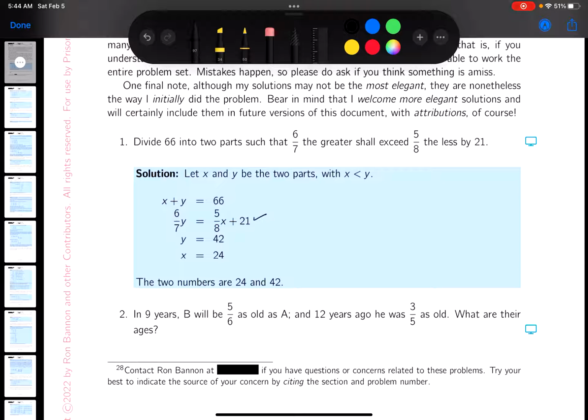So what are you going to get? Well, you can get 48y equals, let's see, 35x plus, well, I've got to do the arithmetic, and I'll do it on the side for you. So it's 21 times 56.